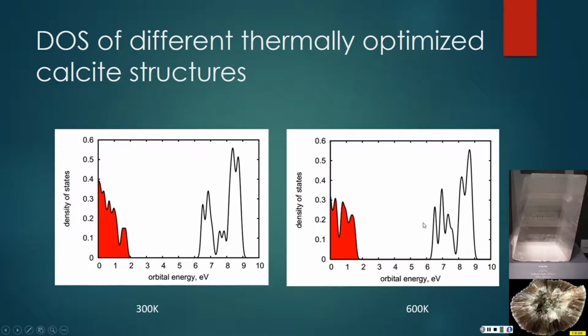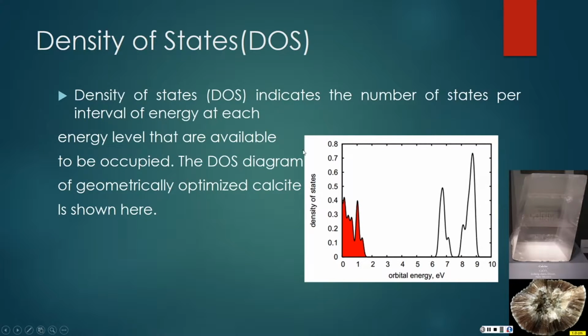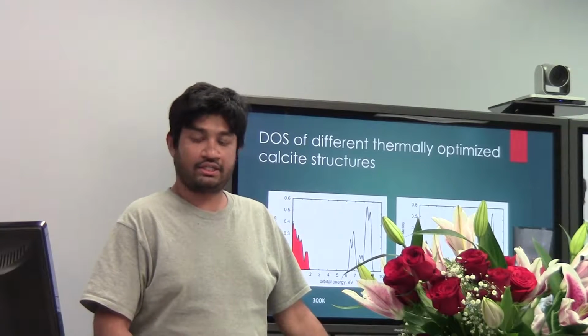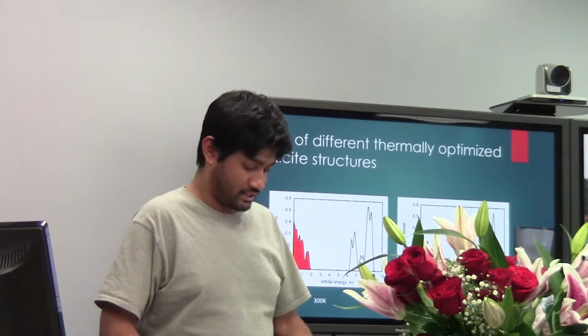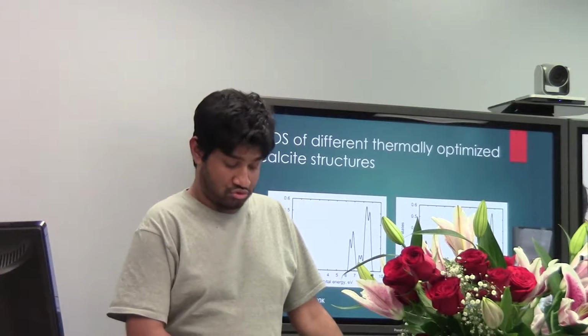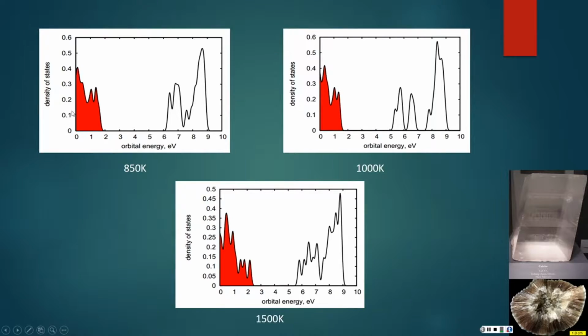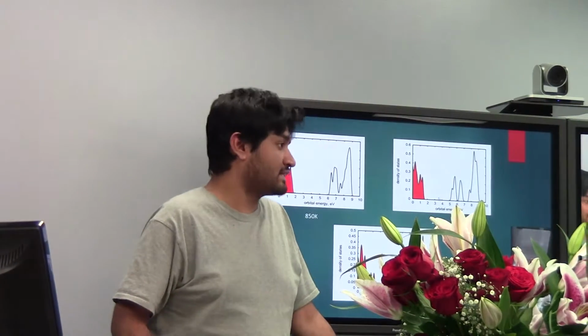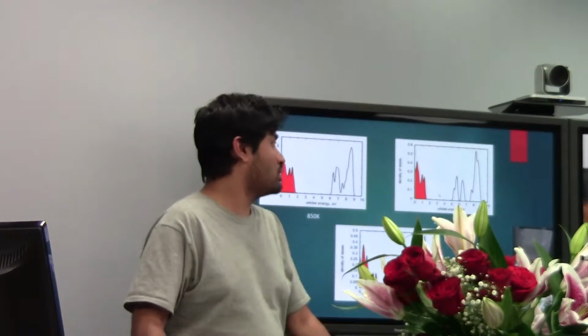So if we look carefully at this DOS diagram, you'll find that with the increment of the temperature, the HOMO-LUMO gap is decreasing. But up to 600, up to 800 Kelvin, we cannot find such a significant change in the gap, but from 1000 Kelvin, we can find a significant gap between HOMO and LUMO.